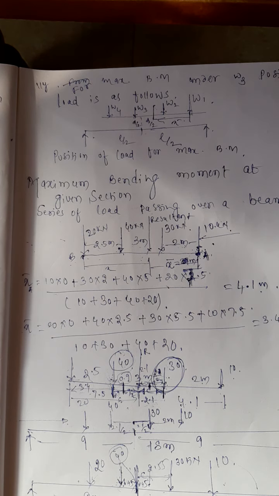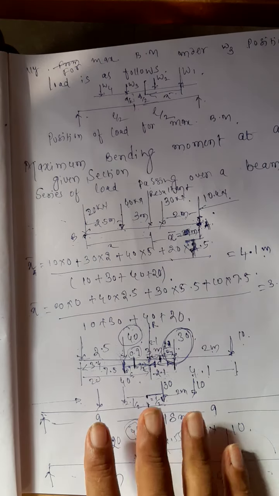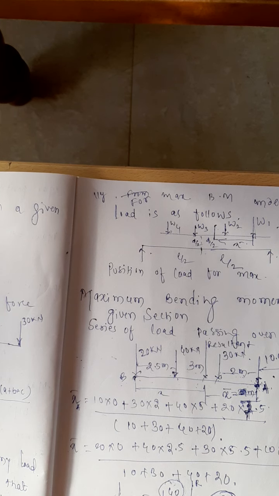So friends, once again, this is very important. Once again, I will repeat what are the procedures involved in getting two categories of problem. Usually, from my experience, the students will get confused between these two. One more is there. That also we shall see afterwards. Three categories of problems. One is the maximum bending moment under a load.